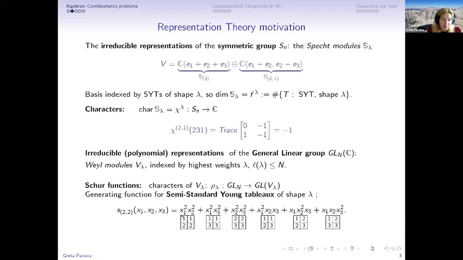These are the ways we can fill this Young diagram with integers weakly increasing along rows and strictly increasing down columns, and recording what integers we filled in terms of these monomials. And so we can do a lot of this algebraic combinatorics and representation theory just in the language of these combinatorial objects that we just showed. Okay, so this is so far nicely understood.